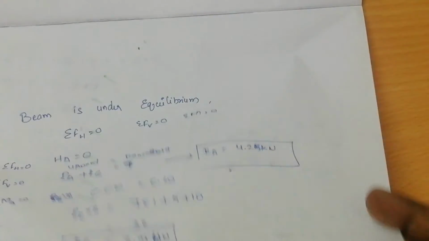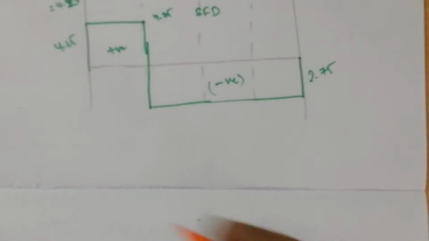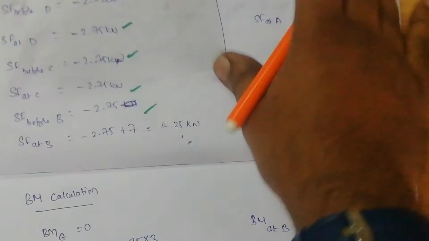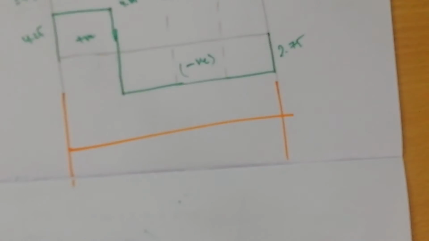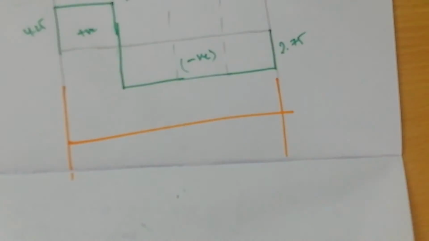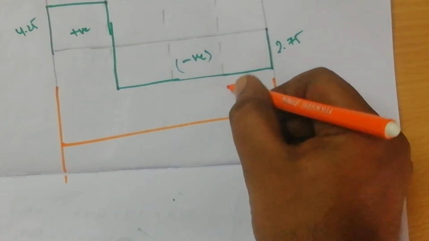Let us draw the bending moment diagram. First value I have got: E point is 0, before D point is 8.25, so I will write 8.25 here.